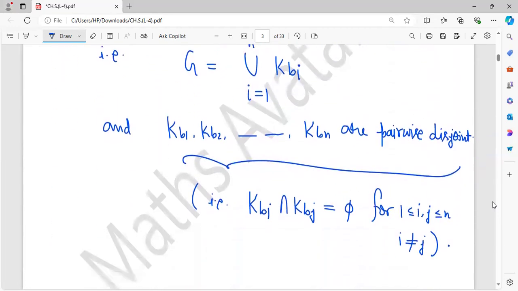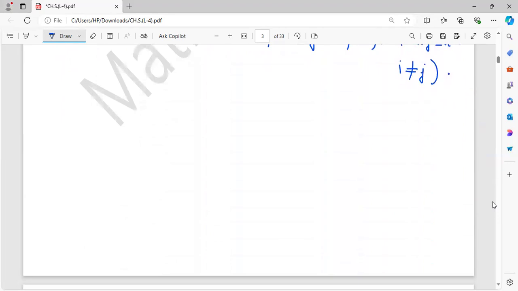So what is this? First we have to show that phi is an isomorphism.